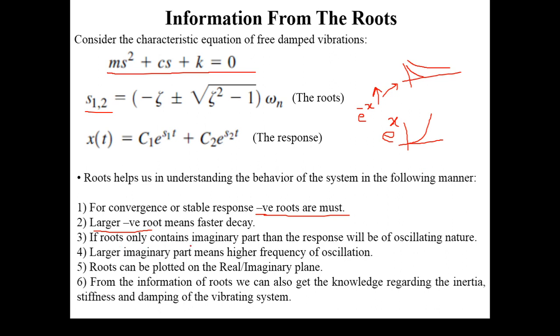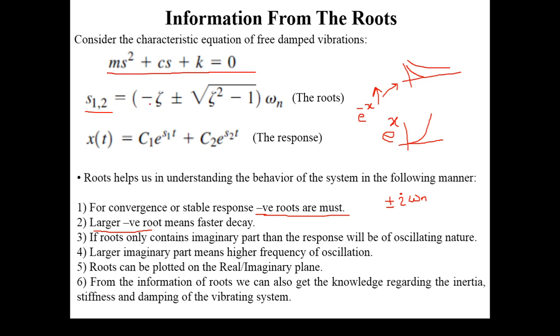If roots only contain an imaginary part, then the response will be of oscillating nature, and this we have seen when we were dealing with the response of free undamped systems, because in that case the roots were plus minus iota omega n.